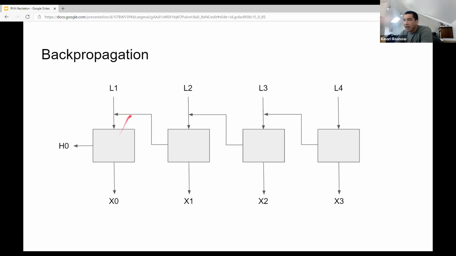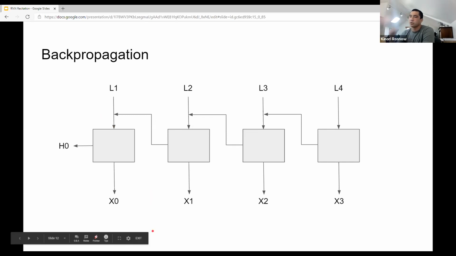And if that doesn't make sense to you, please put it in the chat, because I would really like to make that very clear: because you pass these back through, it acts like it's a much deeper network for that portion of the gradients. And because that part is the sequential dependence part, that part is really important for the learning and what the RNN's value is, what makes it really powerful.